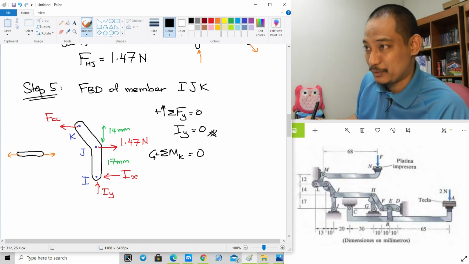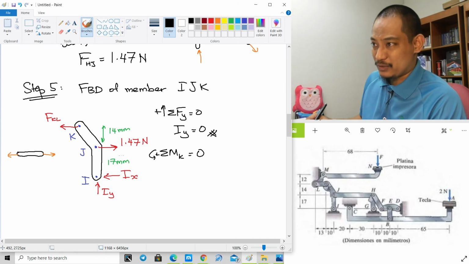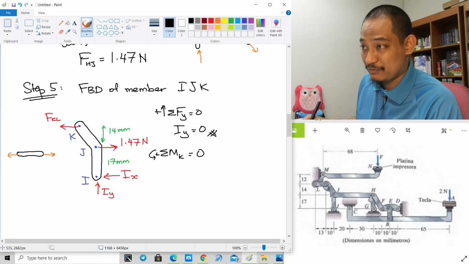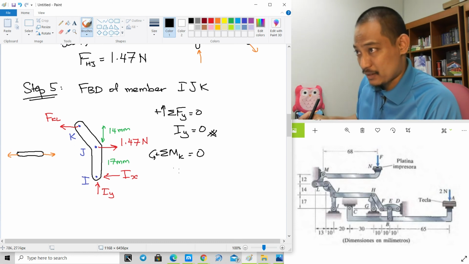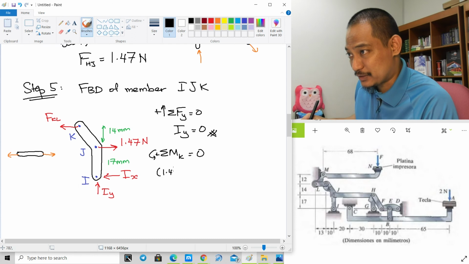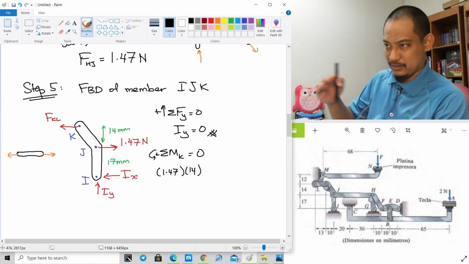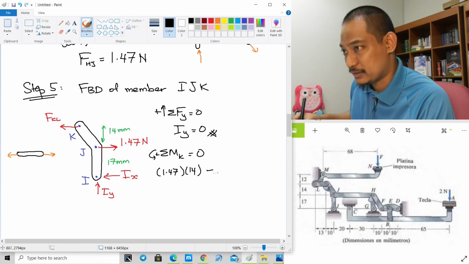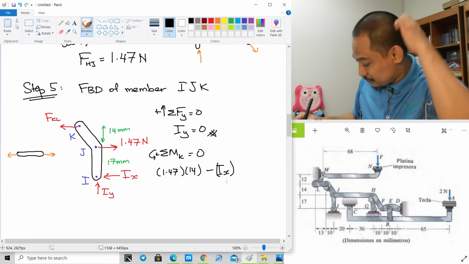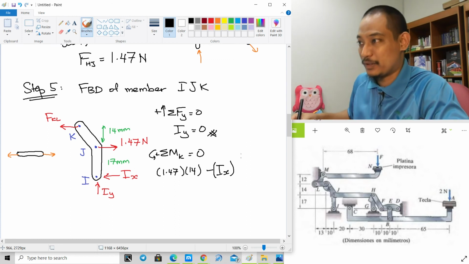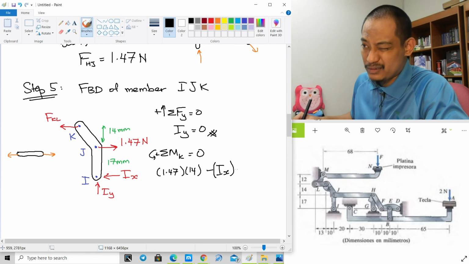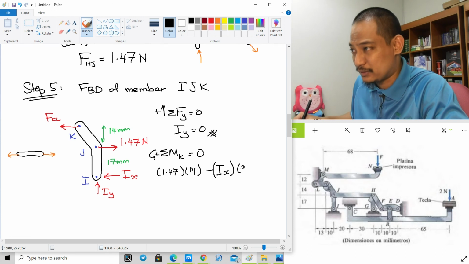This 1.47 will be counterclockwise, so 1.47 times distance of 14, and Ix is clockwise, so minus Ix, which we do not know the value yet. The distance is 17 plus 14, which is 31.